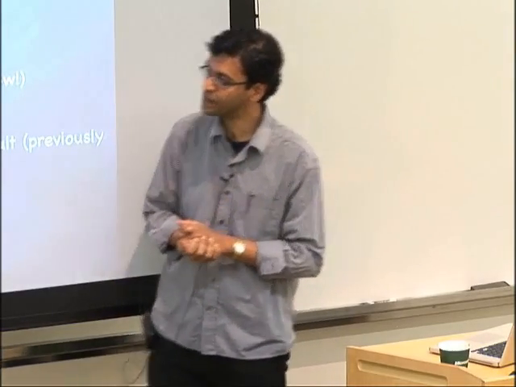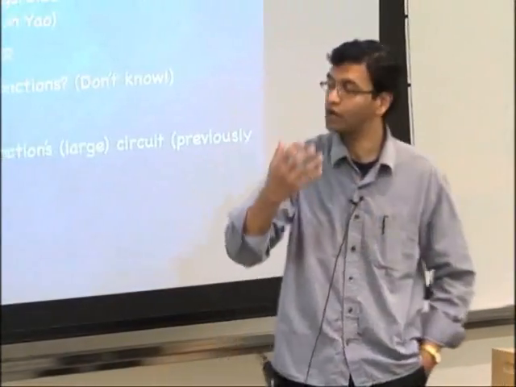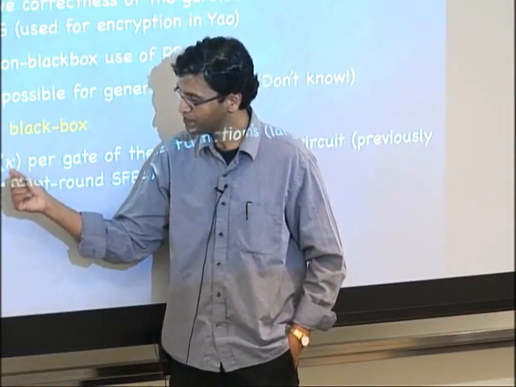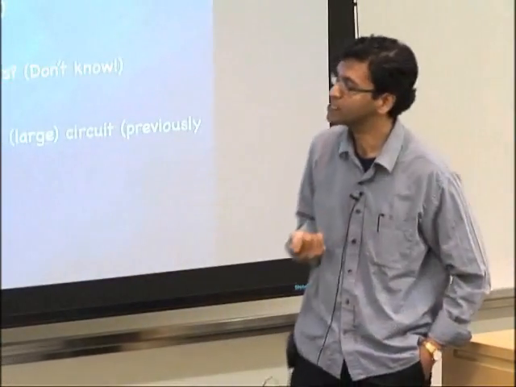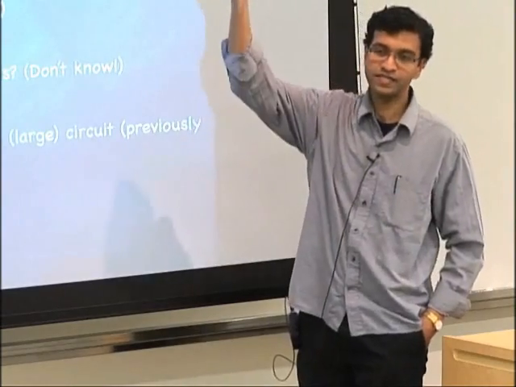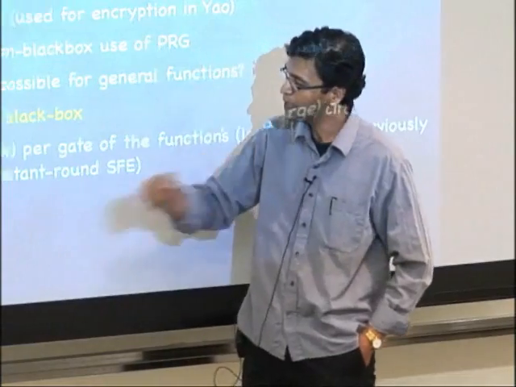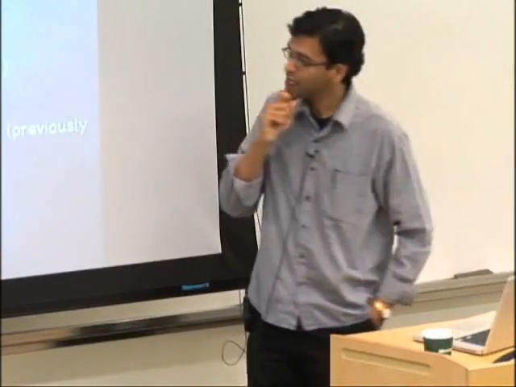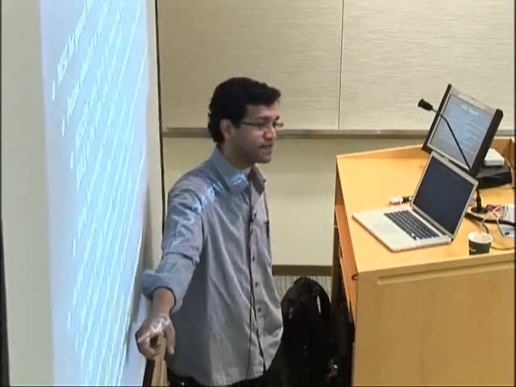In that setting, what we can get is an overhead over Yao's garbled circuit which is a polylog of the security parameter. This kappa is a statistical security parameter. We'll require security which is 2 to the minus kappa, so error in simulation and so forth should be 2 to the minus kappa. Then the overhead that we get is polylog kappa. In particular, the number of PRG calls that we make will be only polylog kappa per gate of the circuit.